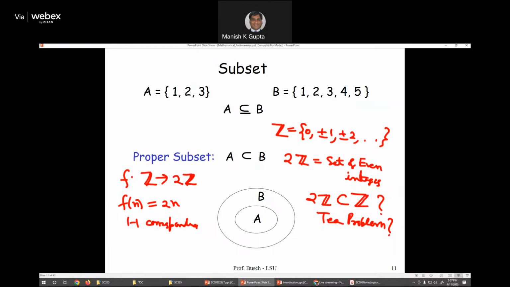Who can answer? For every integer, the even number will jump twice in comparison to a single integer. So this is something fundamental.